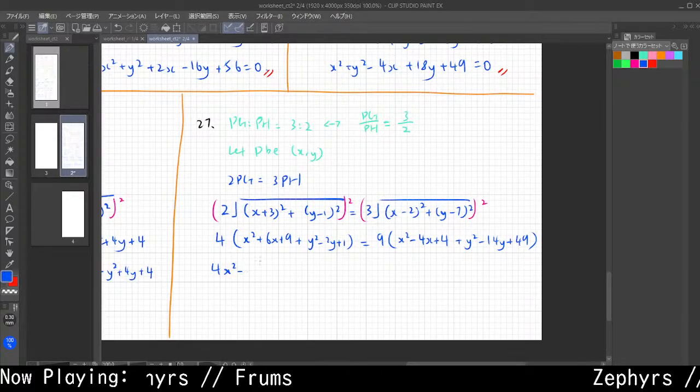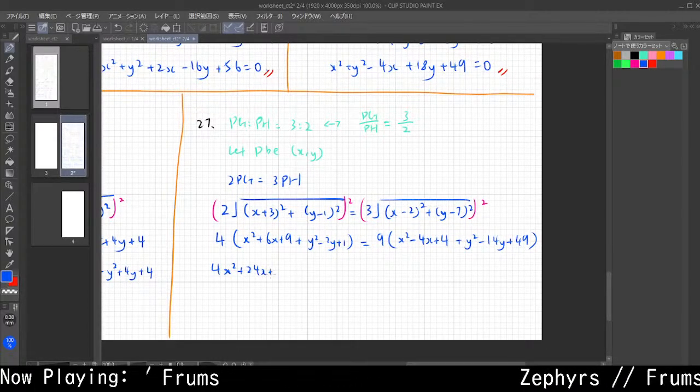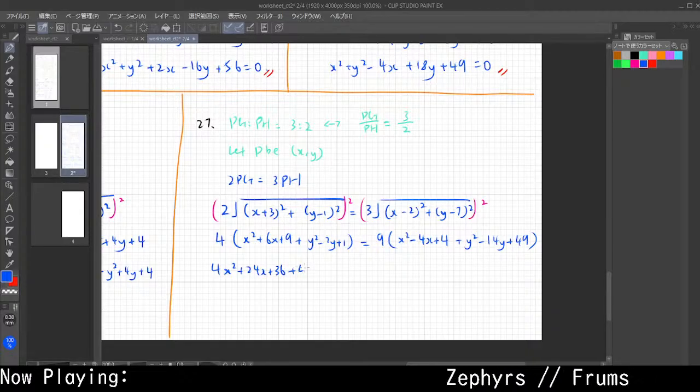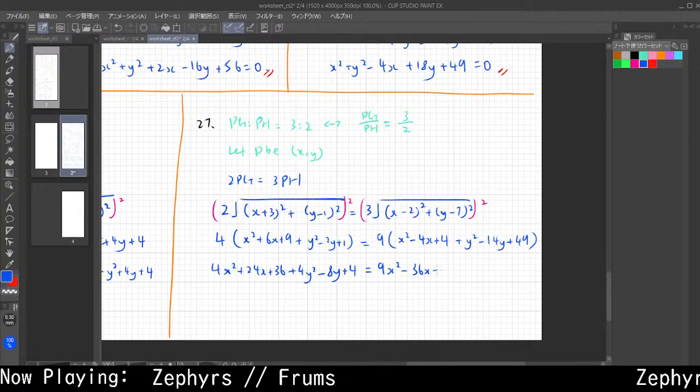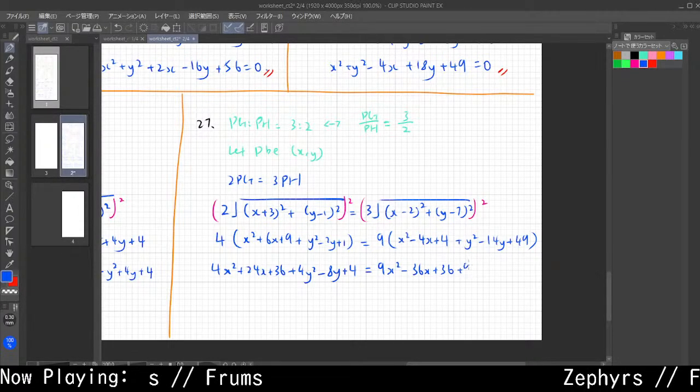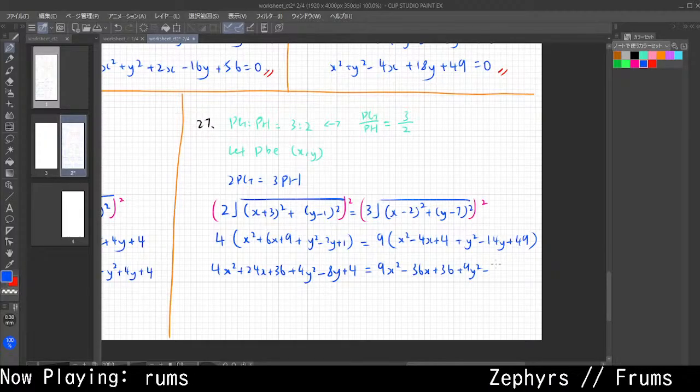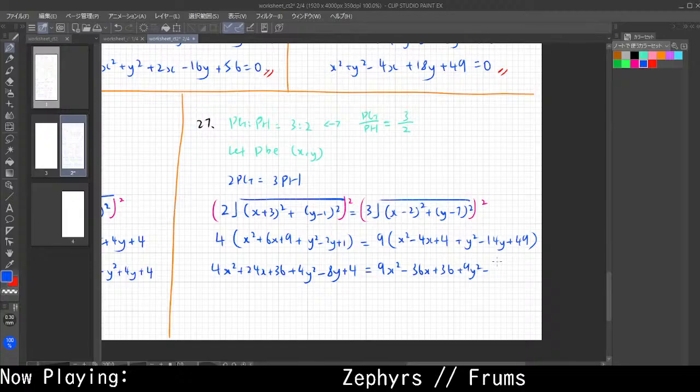Multiply inside. My left hand is so numb.